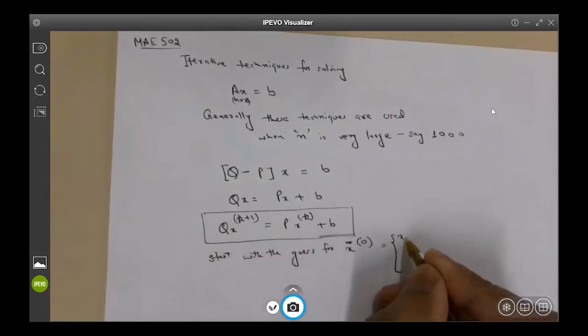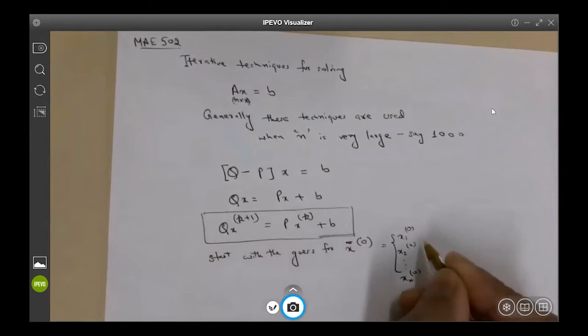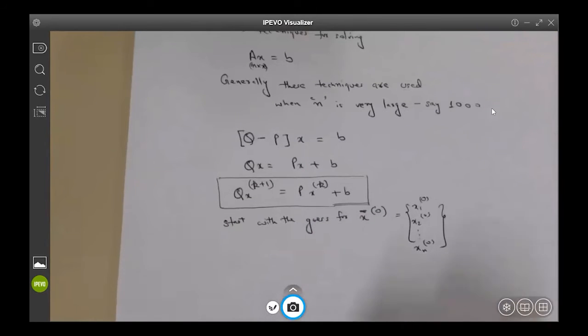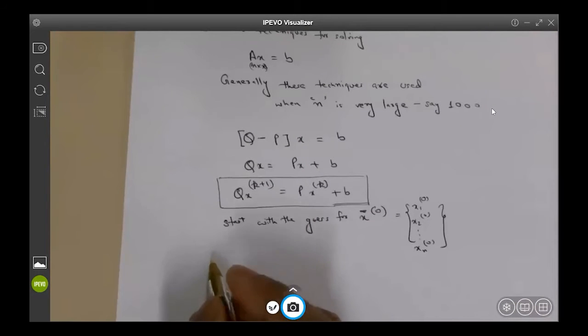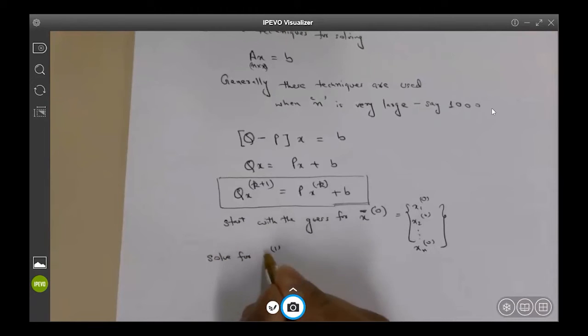You have different elements x1,0, x2,0, and so on, xn,0. And solve for x1, the first iteration. Solve for x1 vector and keep on doing so.